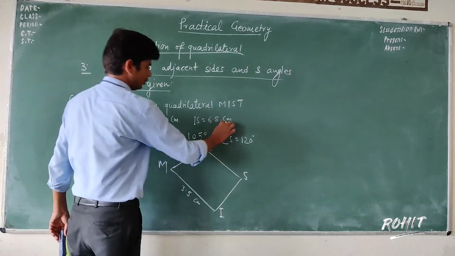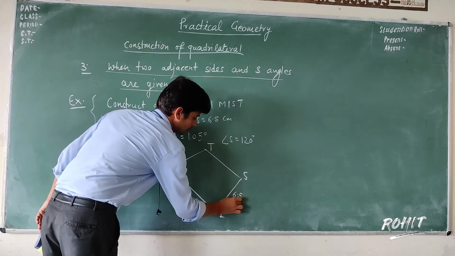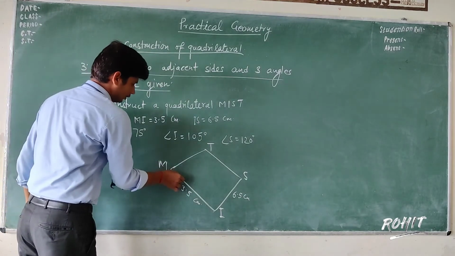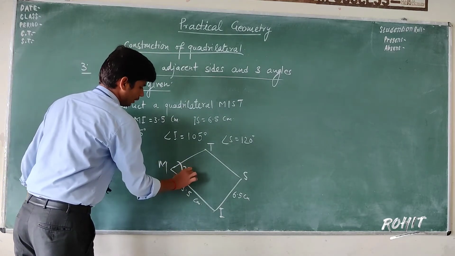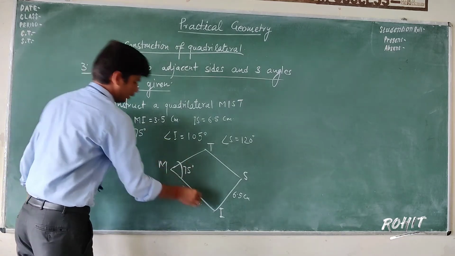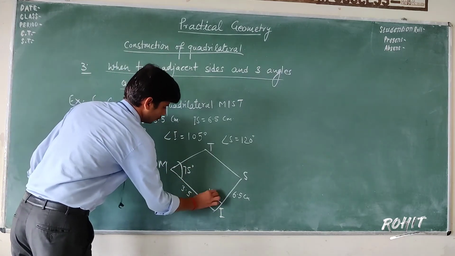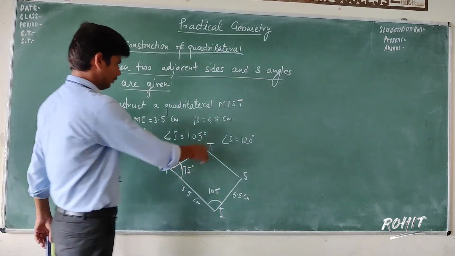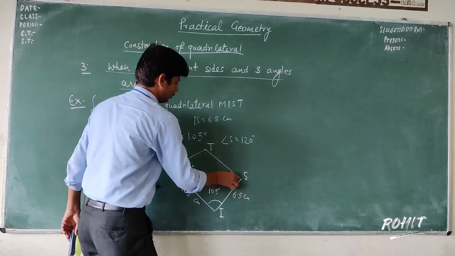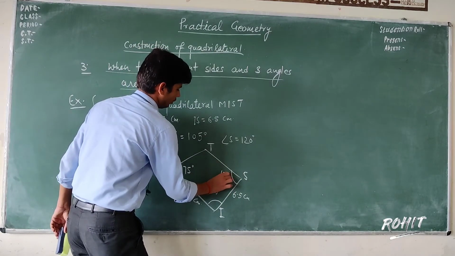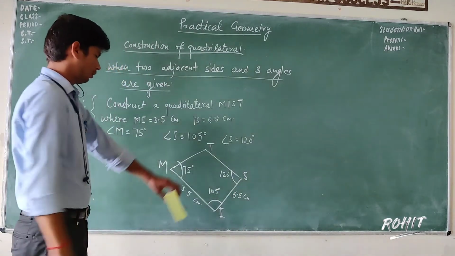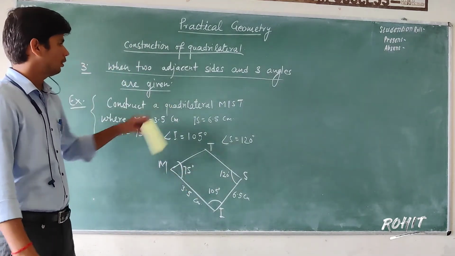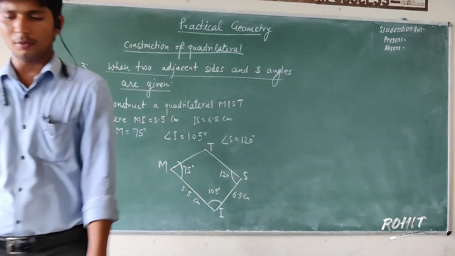IS means this time 6.5 centimeter. Angle M means this is 75 degree. Angle I is, that is this is 105 degree. And angle S is 120. Using this rough sketch, we will construct the quadrilateral MIST.